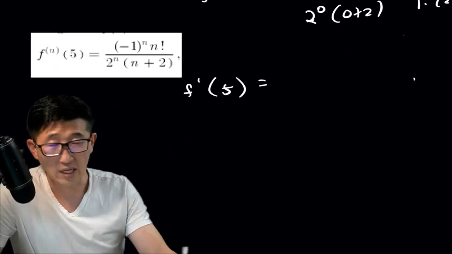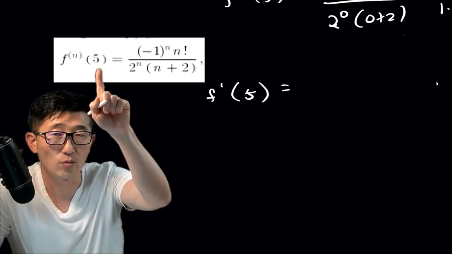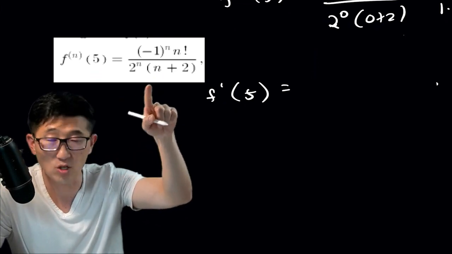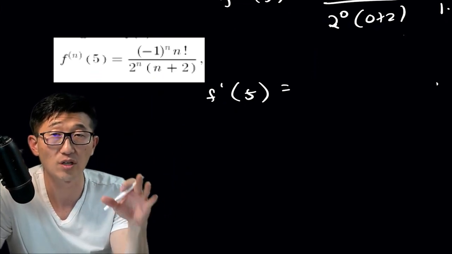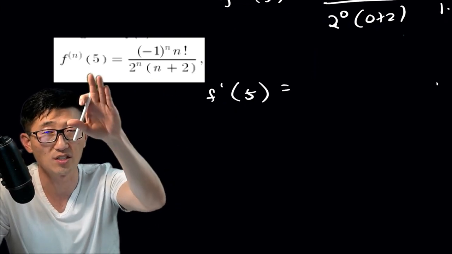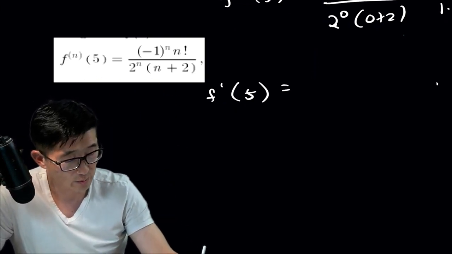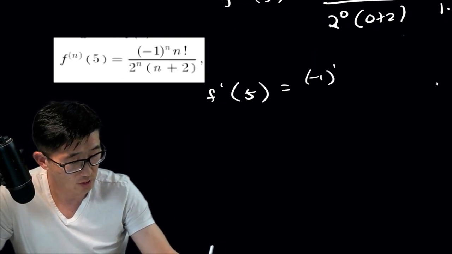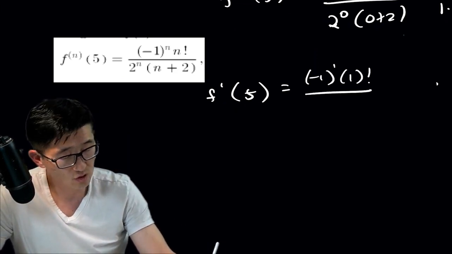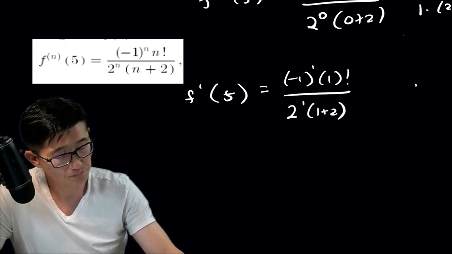Notice how, interestingly enough, there's no place here that you need to plug in a 5. They're defining this as what you're going to get when you center this at 5, so you don't have to worry about plugging in 5, in case you're wondering about that. So negative 1 to the first power, 1 factorial, over 2 to the first plus 2.